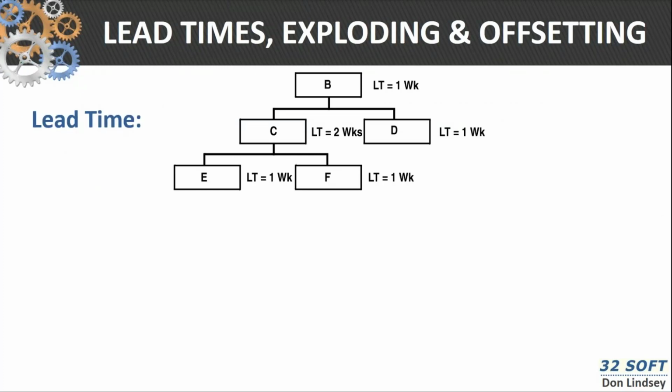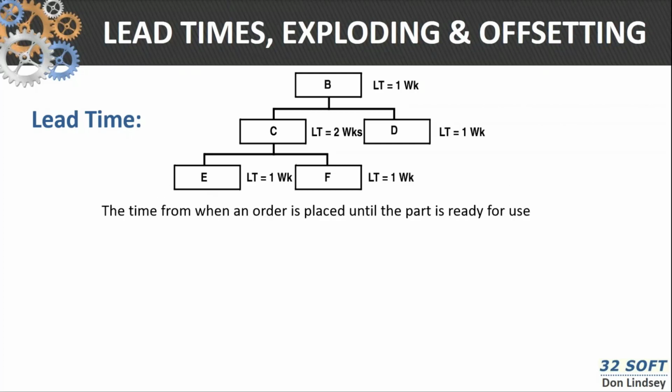The lead time, explosion, and offsetting. Here we've got a simple bill of material with the lead time that it takes to build each level in this product structure. So the time from when an order is placed until a part is ready for use, that is the lead time.